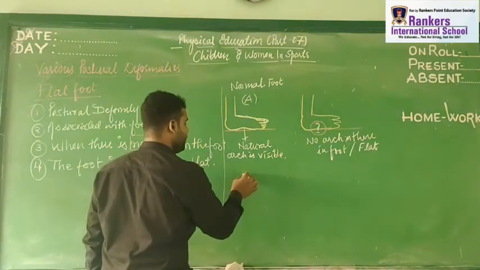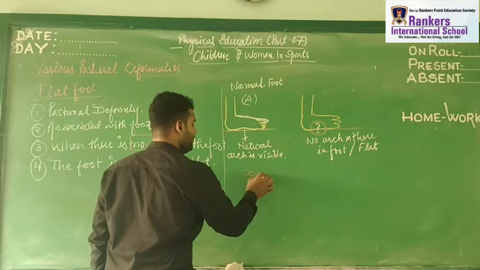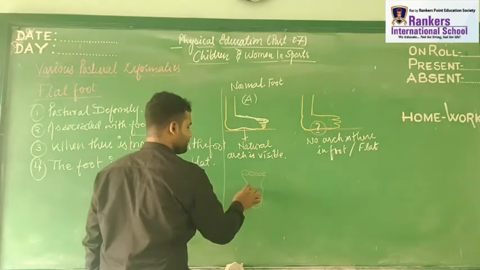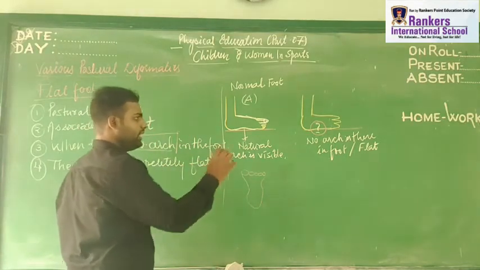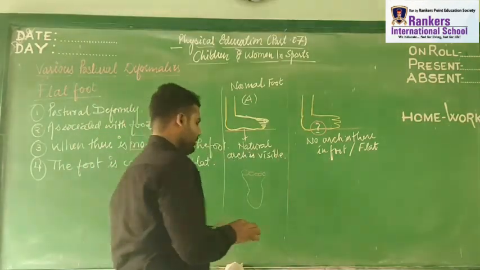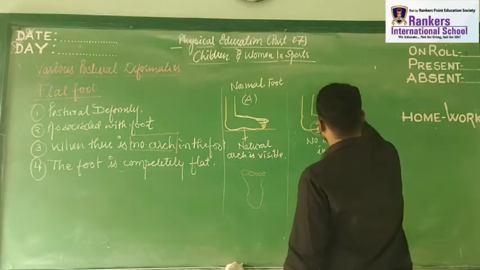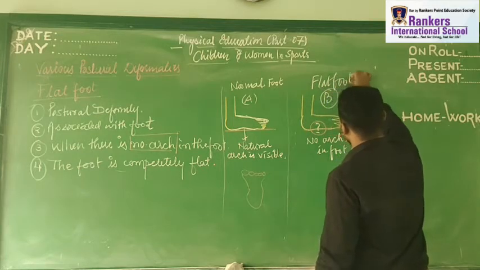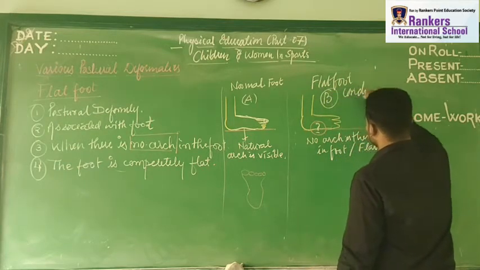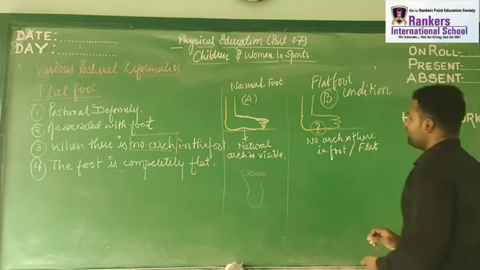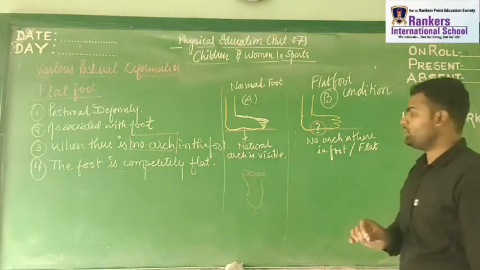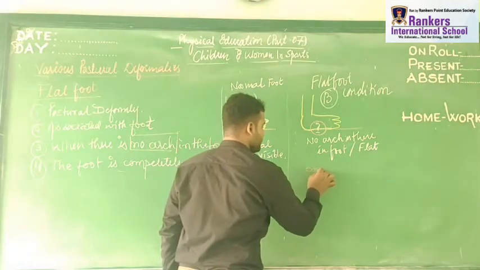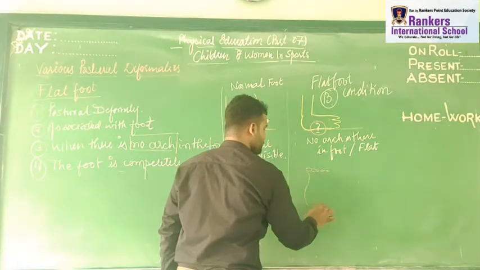Like, when normal, the normal print will be like this. And the second one is the flat foot condition. So if someone has a flat foot condition, the footprint will show like this.